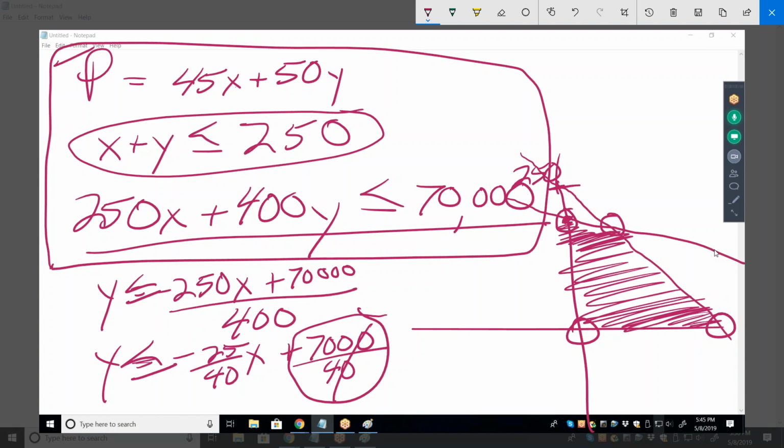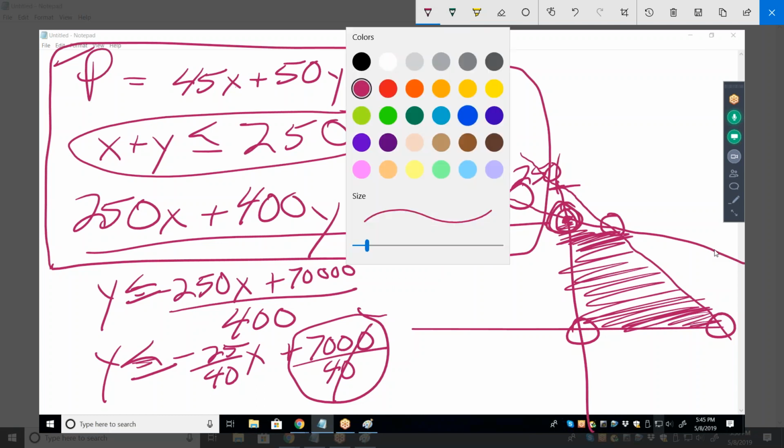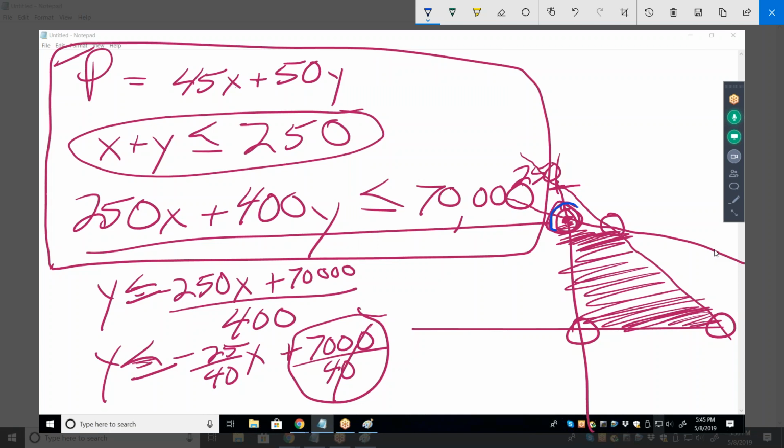Okay, so let's figure out what the profit is right there. Here, let me use a different color. At the origin, it will always be 0, right? Well, in this case, yeah. I can't recall seeing a problem where your optimum was at the origin, although sometimes these are minimizing problems.